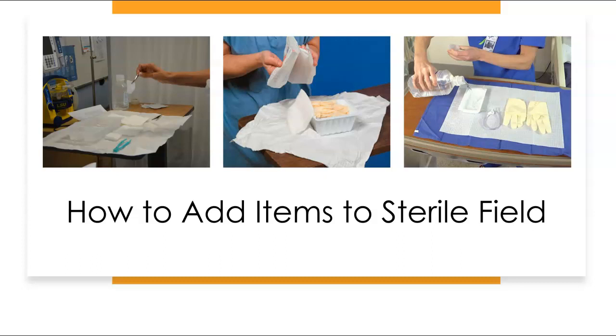Again, making sure that you have the label on the bottle to the palm of your hand. So we're just going to lip that just to make sure that how we're pouring it in will be sterile. So it's just kind of an extra measure to make sure everything's remaining sterile. And then we can pour it into that little container or whatever we're pouring it into.